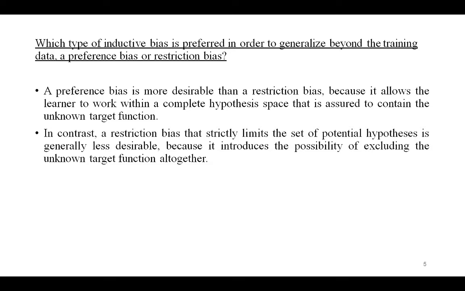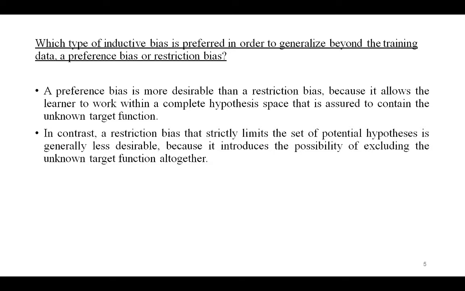So in this case the learned evaluation function is represented by a linear combination of the fixed set of board features, and the learning algorithm adjusts the parameters of this linear combination to best fit the available training data. The decision to use a linear function to represent the evaluation function introduces a restriction bias.